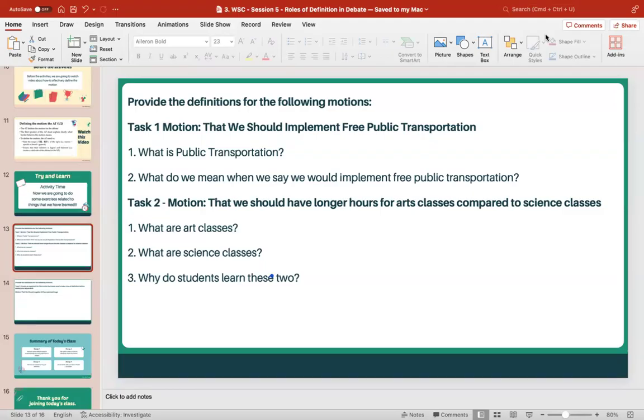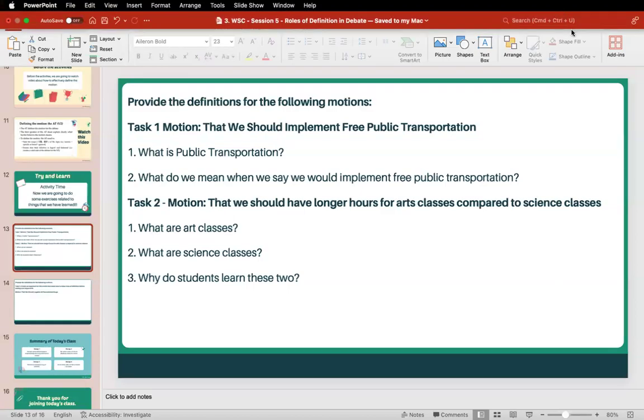What are art classes? Art classes focus on creative and expressive activities such as drawing, painting, and sculpture, helping students develop their imagination and artistic skills. What are science classes? Science classes teach subjects like biology, chemistry, physics, and earth science, emphasizing the study of natural phenomena, experimentation, and logical thinking.